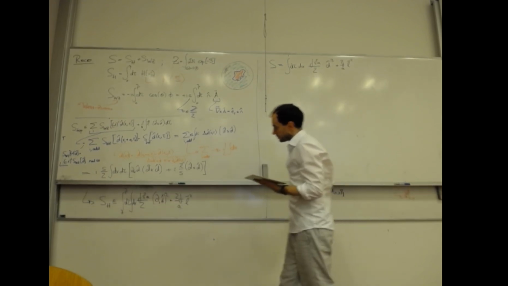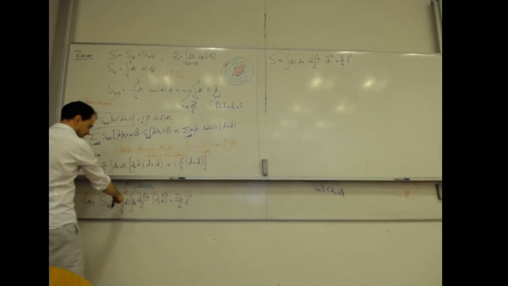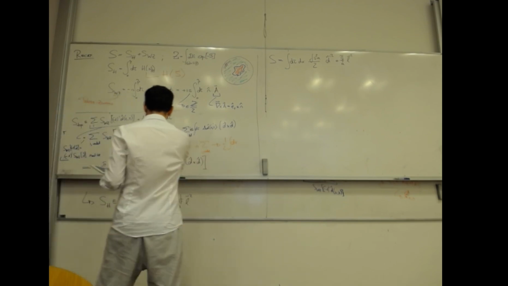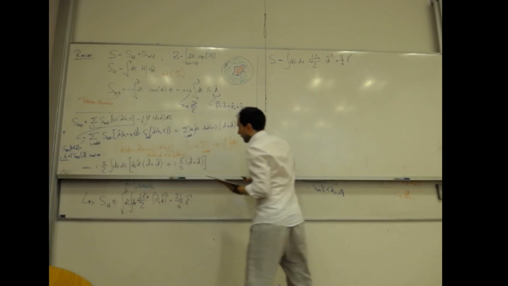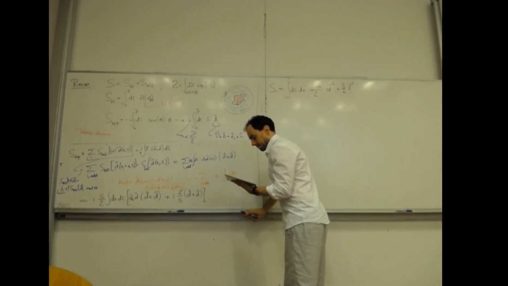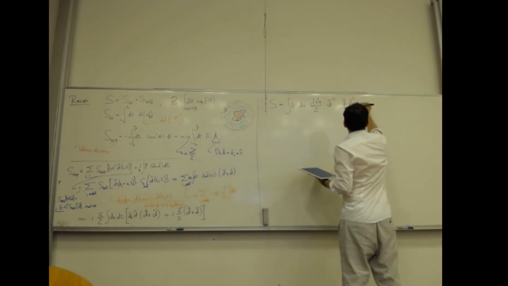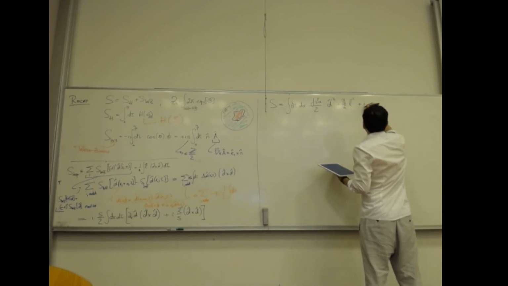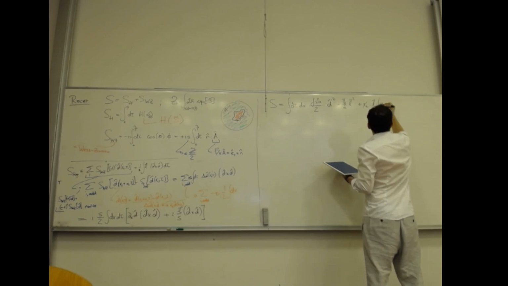This is copying from here. Then we have this thing here, plus i over a L dot d dot cross d.